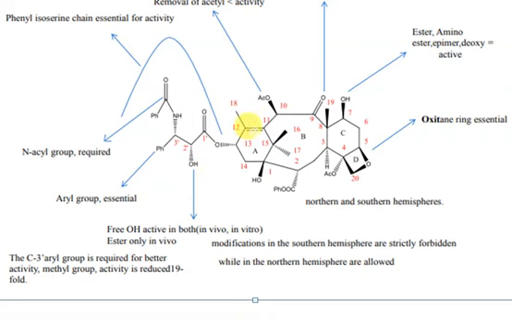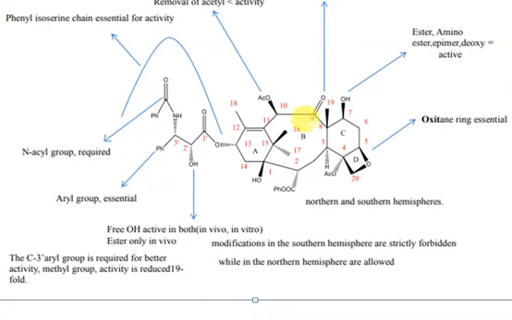So now we have this B ring here. This B ring is divided into two hemispheres, right? This lower part is the southern hemisphere, and this upper part is the northern hemisphere. You cannot carry out much modification in the southern hemisphere.